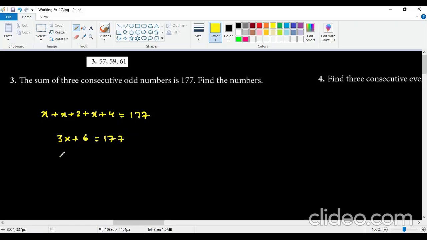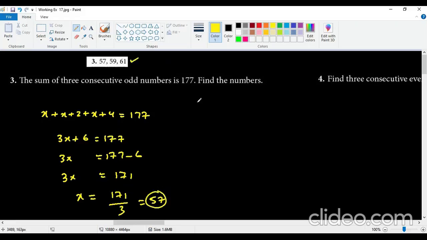So 3x equals 177 minus 6 is going to give us 171, and 171 when divided by 3, it's going to give us 57. So 57 is the first number that you can see in the answer also. That means 57, 59 and 61, when we add them together, it should give you 177.